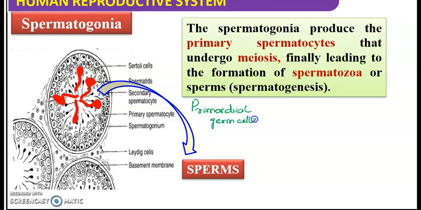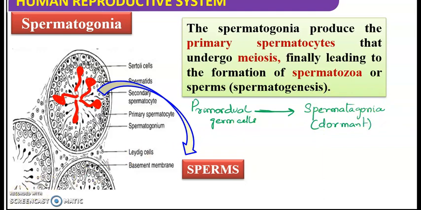During embryogenesis and fetal development, these primordial germ cells form spermatogonia. And these spermatogonia remain dormant or inactive during early childhood.